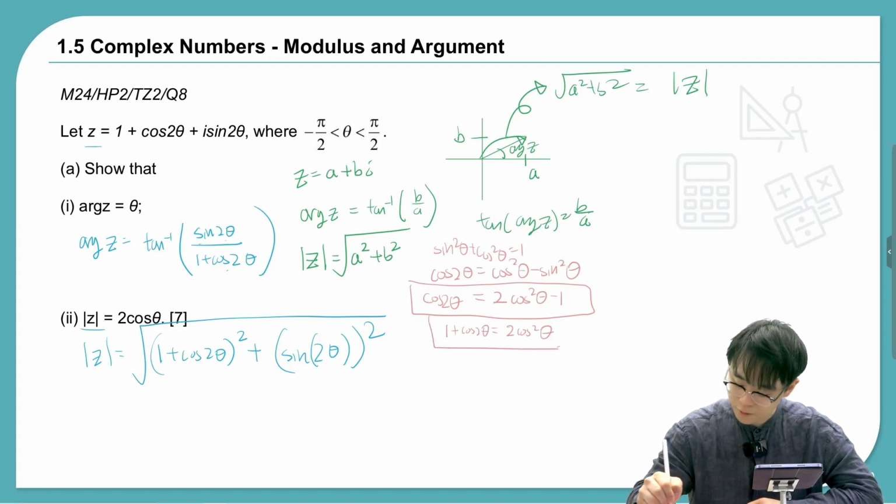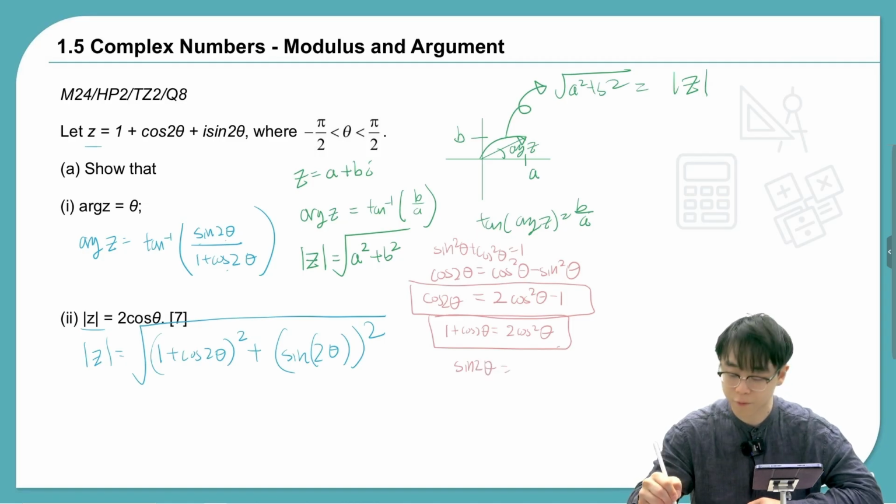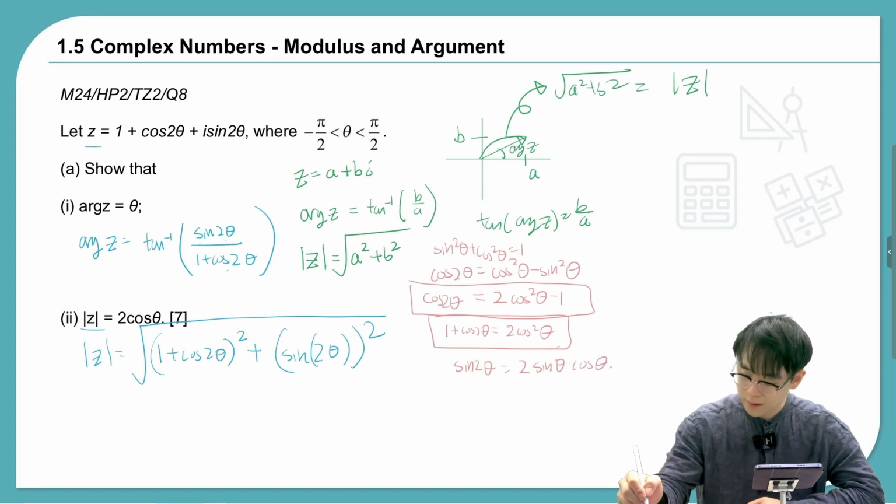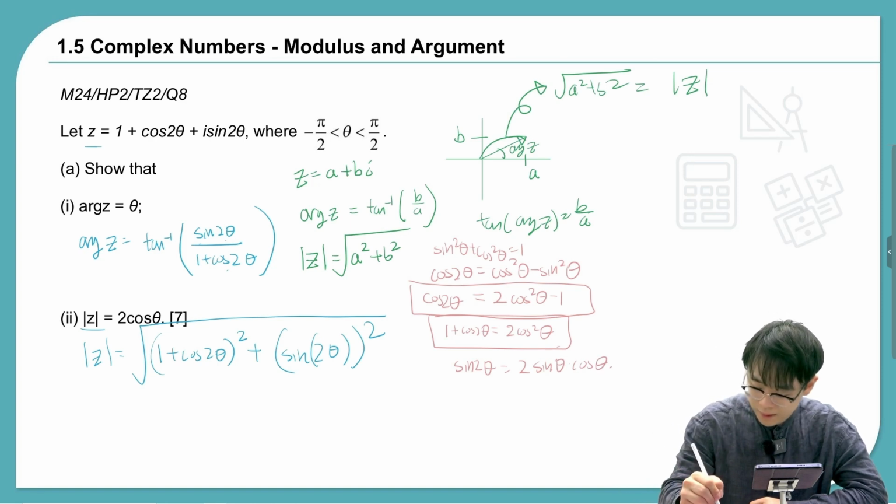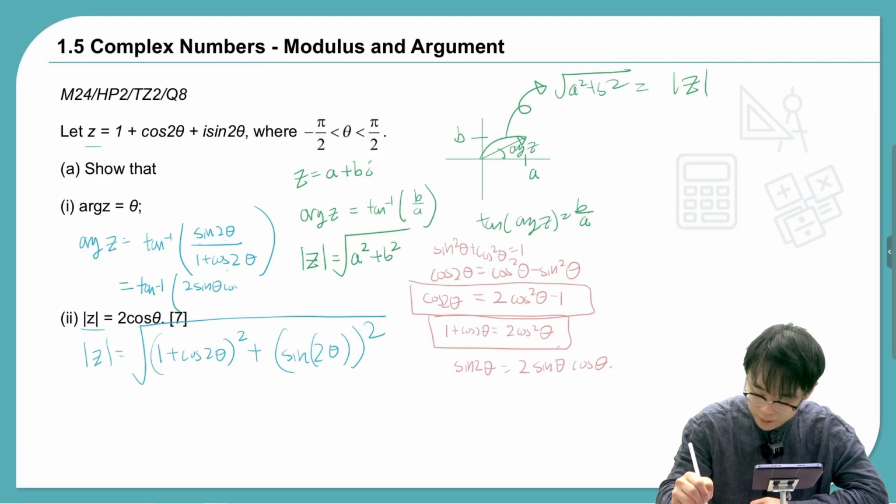Furthermore, we know that sine 2 theta, using our double angle formula, is going to be 2 sine theta times cosine theta. So with these identities in mind, we would just have tangent inverse of 2 sine theta cosine theta all over 2 cosine squared theta.